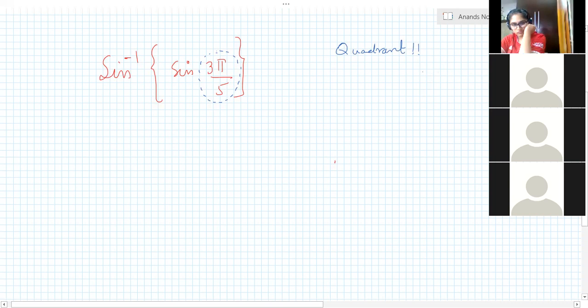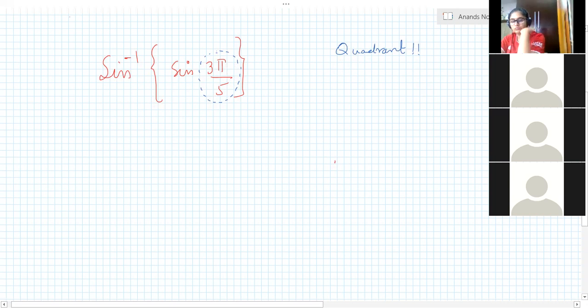Immediately we know 3 pi by 5 is more than pi by 2. We cannot directly give 3 pi by 5 as the answer because it is not within minus pi by 2 to pi by 2. So you identify the quadrant: this is in the second quadrant. In the second quadrant you can say sine of 180 minus theta is sine theta. So you don't need to change the angle.